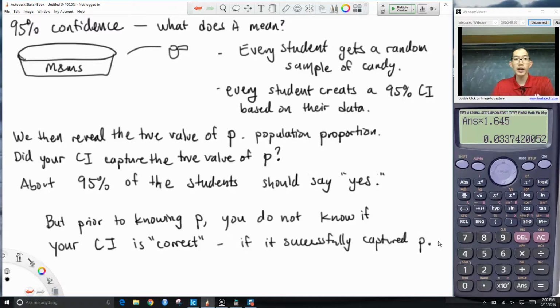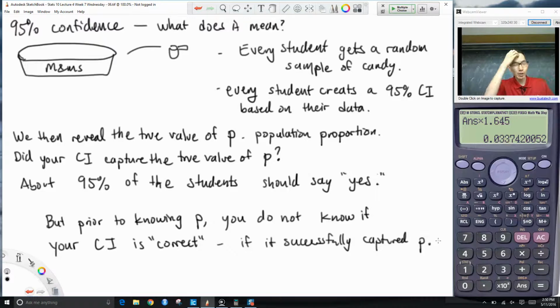Okay. There's one more sentence I want to write. Let me just have your attention, and I'll explain this, and then I'll write it up and post it online, and you can read it. I know last class I said it is incorrect to say that there's a 95% probability that P is inside your interval.